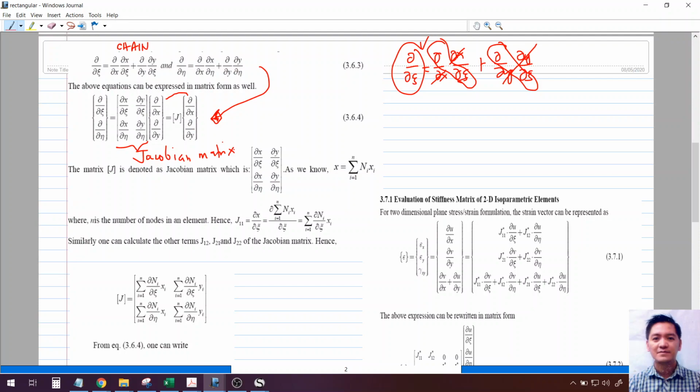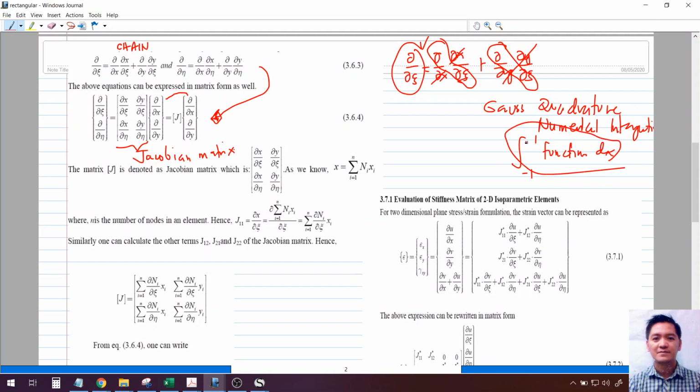And by the way, why do we transform into a natural coordinate system? To be able to use Gaussian quadrature numerical integration. In numerical integration using Gauss quadrature, our limits will be from -1 to 1, and then this is your function dx.